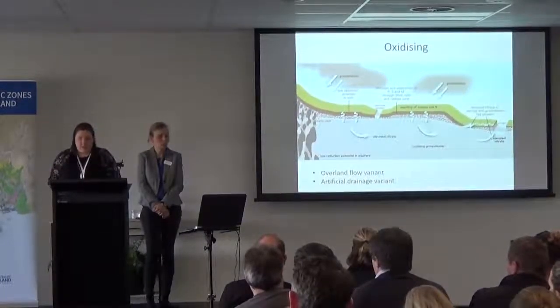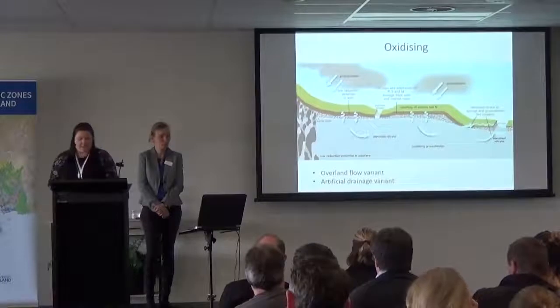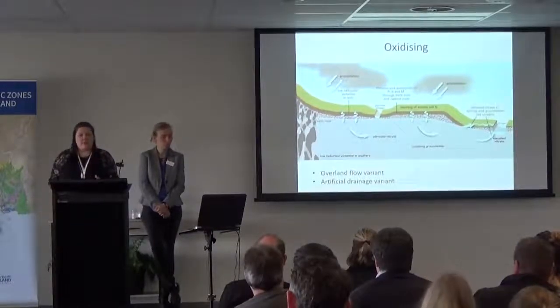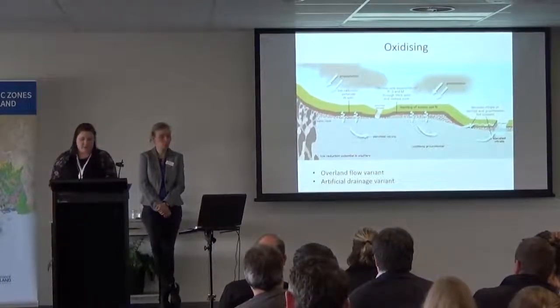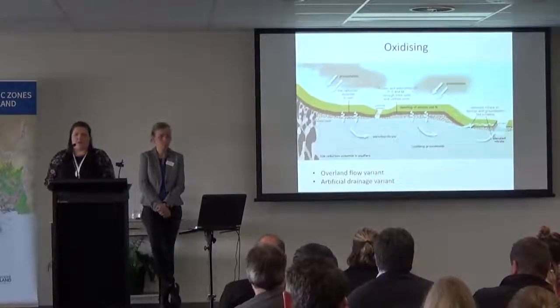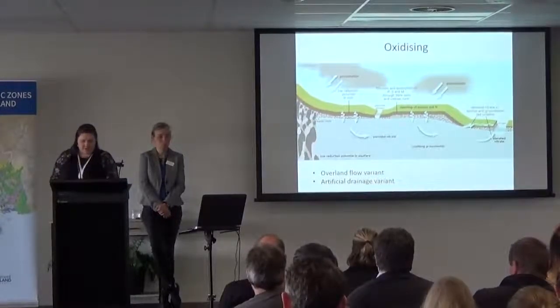So deep drainage to groundwater is the main contaminant pathway. These areas have a low denitrification potential. So there is a risk to your groundwater of nitrogen building up, and this is where we see some of our nitrogen hotspots occurring in Southland. This unit also has variants for overland flow and artificial drainage.